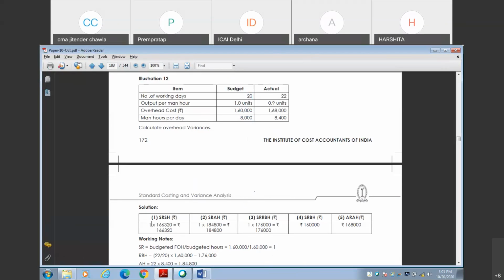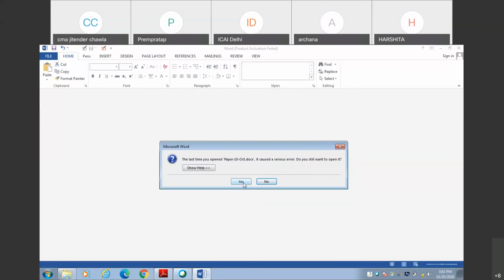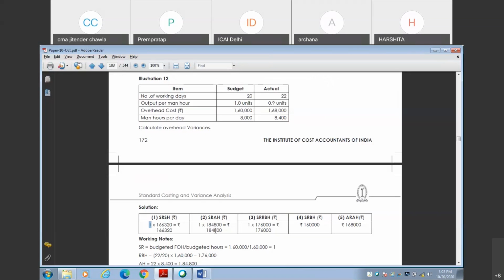This standard rate SR is clear to everyone? Please reply okay or not. Thank you. Next, I am required to calculate actual hours. Just consider actual hour.